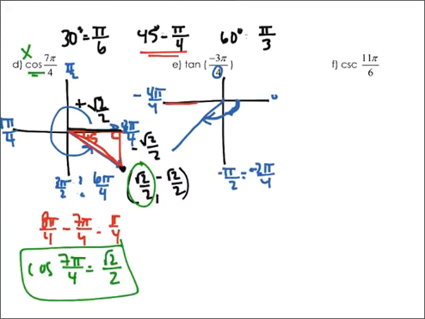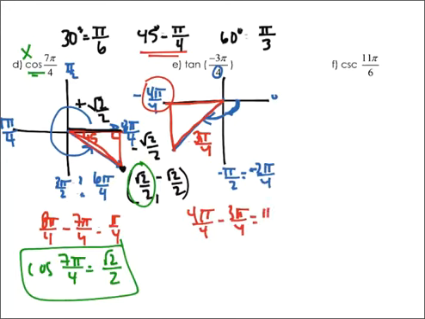My reference angle makes an acute angle with the x-axis. If I want to figure this out, I'm looking at 4 pi over 4, and this angle was 3 pi over 4. Now I know they're both negative, I'm just trying to find the difference between them. The difference between 4 pi over 4 and 3 pi over 4 gives me pi over 4.